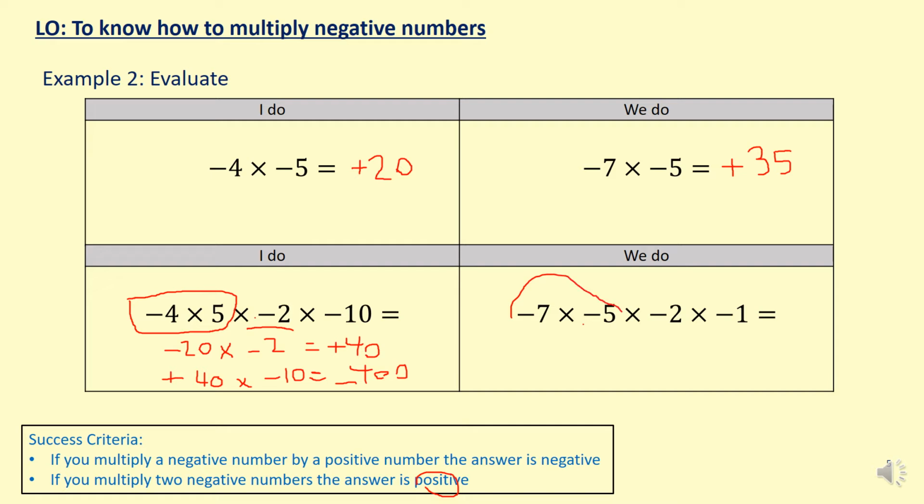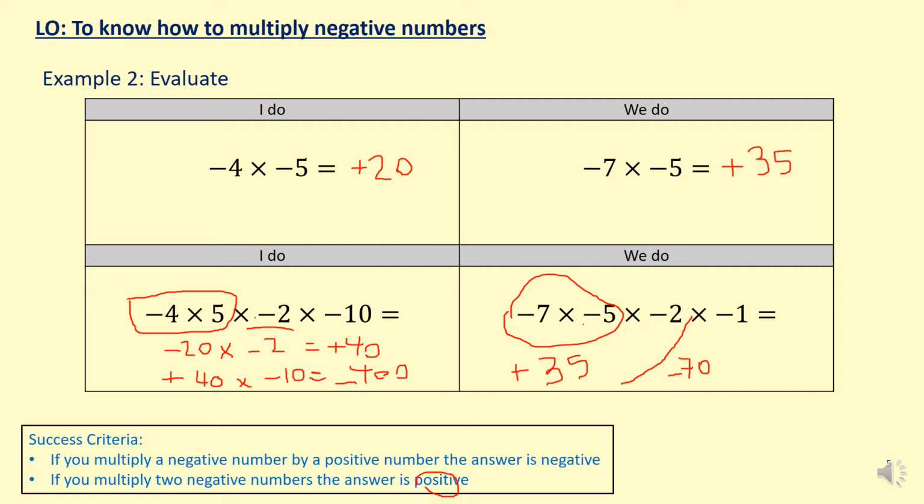So if I start with the first two, I know 7 times 5 is 35, and then positive times negative times another negative gives me a positive answer. I need to multiply that positive 35 by negative 2. So from this bit I get 2 times 35, which is 70, and then I have one positive multiplied by one negative, so my answer would be negative.